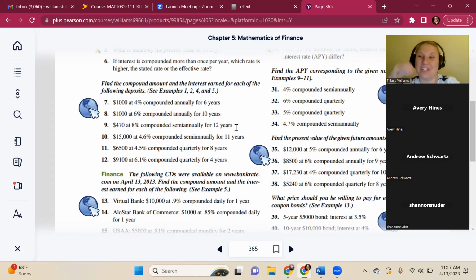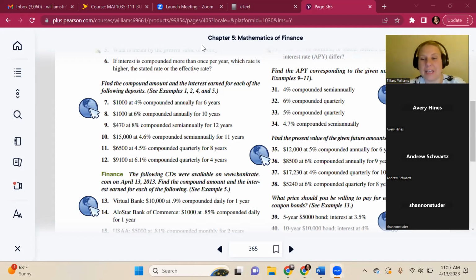So that would be our initial amount, right? So that's our P. So $1,000 is our P. What's the 6% represent? How much of that P is earning interest? So that would be our interest rate, right? So that's our R value.